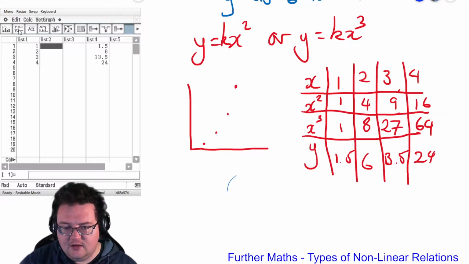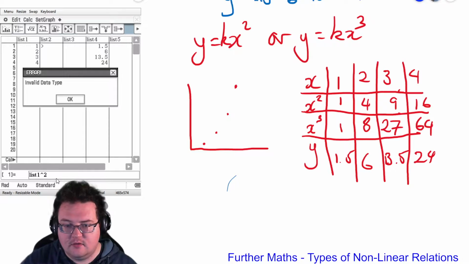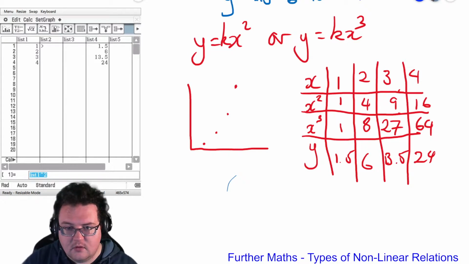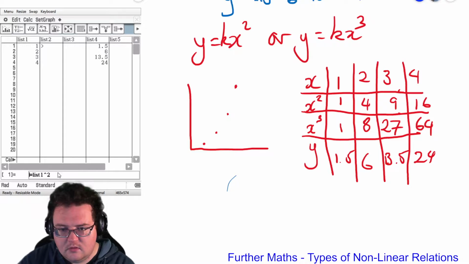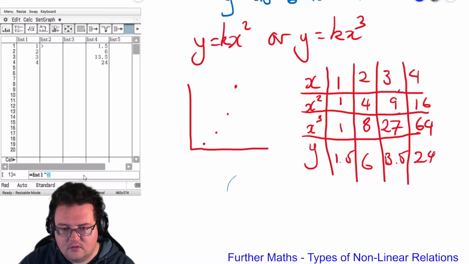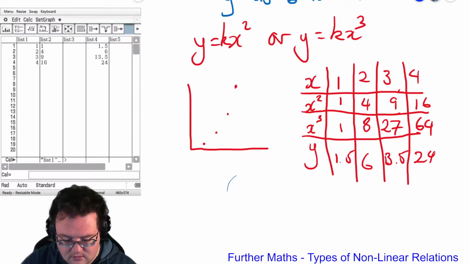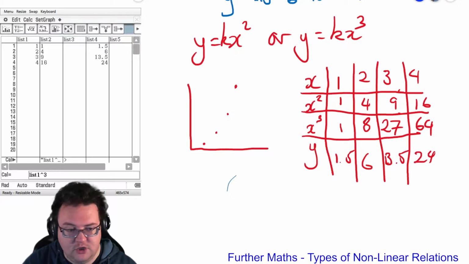And then in here, list 1 squared. Invalid syntax. There we go. And then over here, we're going to put in list 1 cubed.